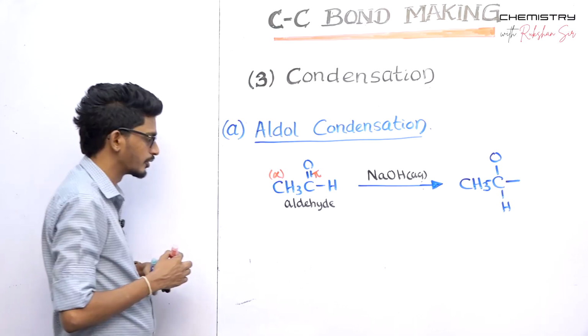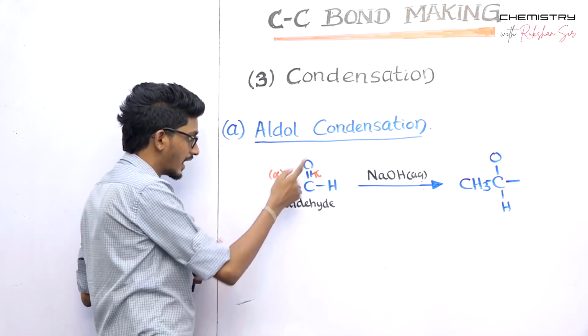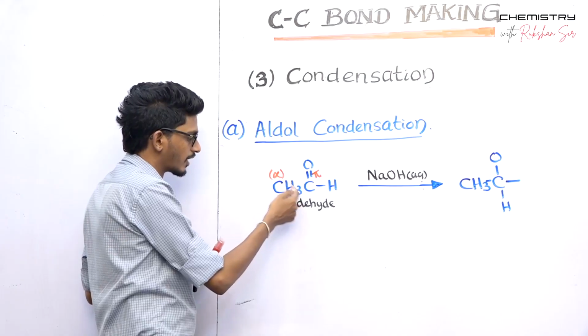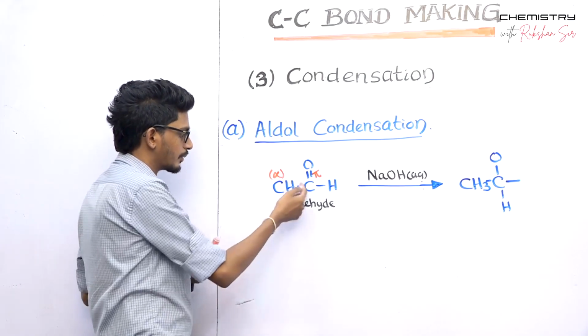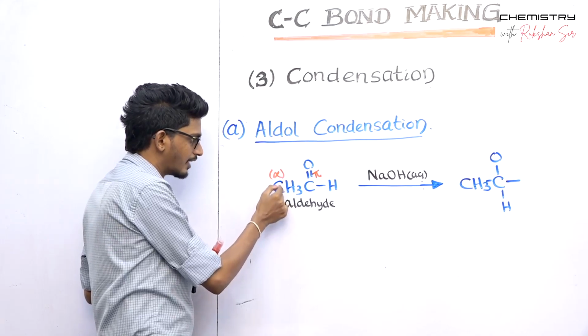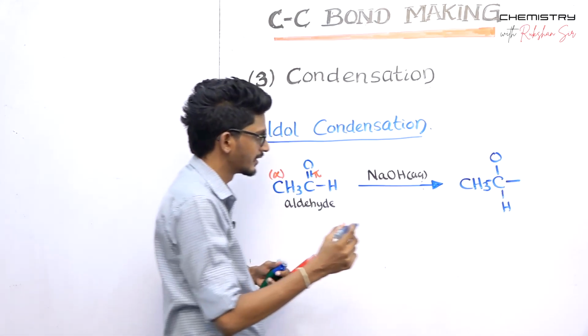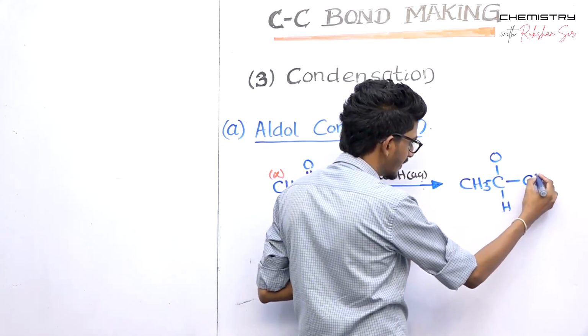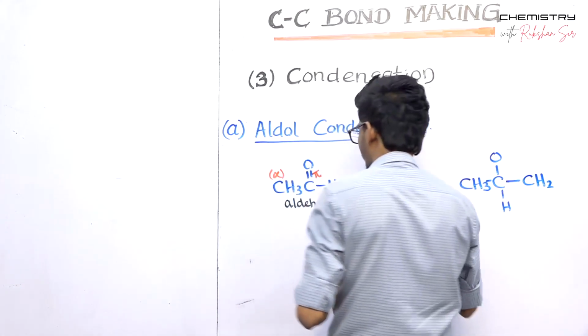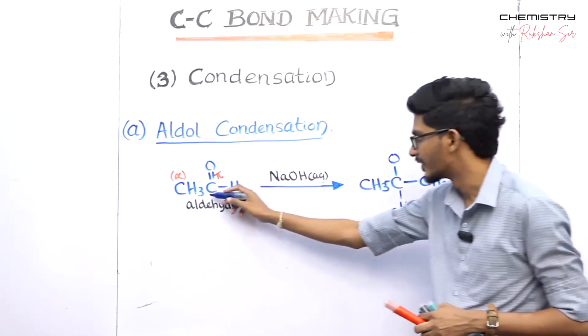So we are supposed to connect the alpha carbon to that carbon, by removing one of its hydrogens. After removing one hydrogen, it is going to look like CH2 and the rest.